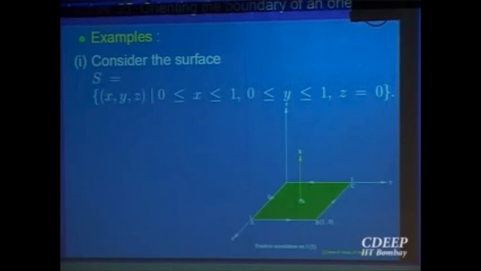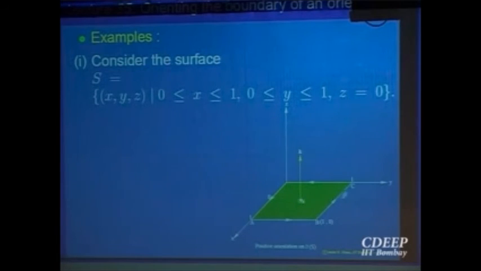You want to know what should be the compatible orientation on the boundary. So what is the boundary? Right? This is the boundary of it. So what you will do? At a point, you will try to imagine you are going anti-clockwise. Now you try to enlarge it a bit, or you imagine you are very close, you are going like this.